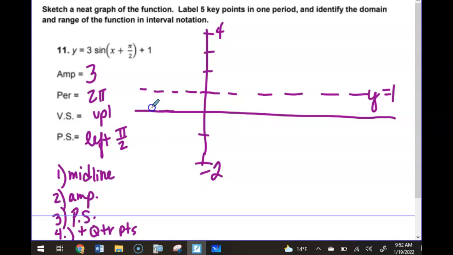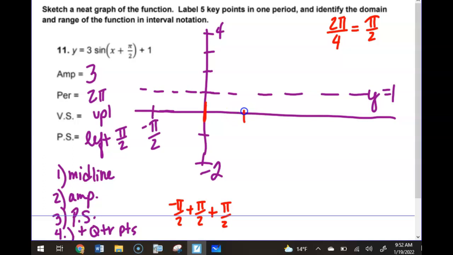And I'm going to start over here at left pi over 2, but I have to figure out what's happening for the quarter points. So 2 pi is the period, divided by 4 becomes pi over 2. So we're going to add pi over 2 to negative pi over 2 to get the quarter points. If we start at negative pi over 2 and we add a pi over 2, we're at 0, right? So there's going to be one right on this line. If we add another pi over 2, we're going to be at positive pi over 2.